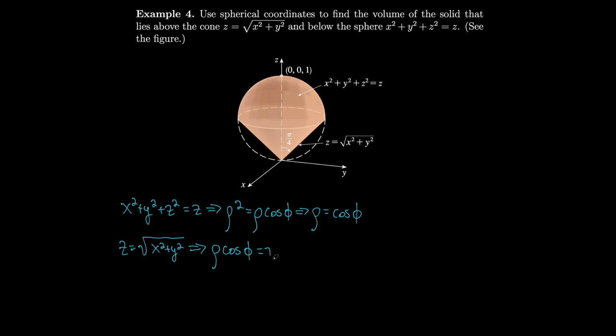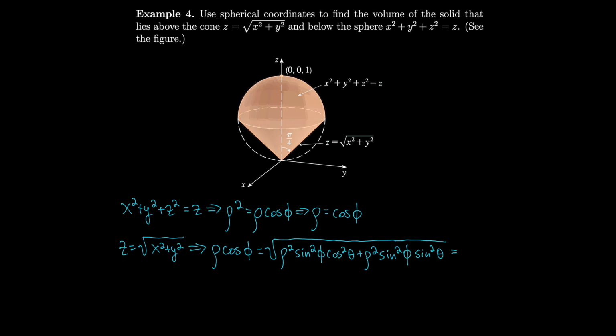So that's the square root of, let's see, x is rho sine phi cosine theta. So when I square that, I get rho squared sine squared phi cosine squared theta. And then for y, I get rho sine phi sine theta, so I square that, and I get rho squared sine squared phi sine squared theta.